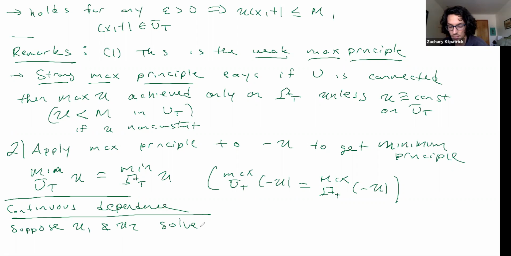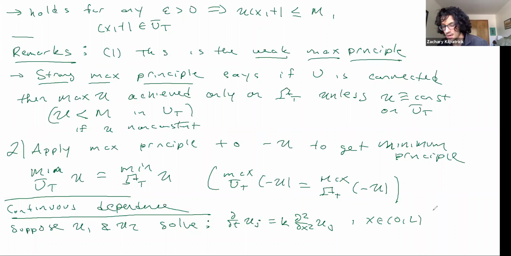And I'm going to write out the heat equation on a bounded domain, in this case a one-dimensional bounded domain. Okay, so ∂/∂t of u_j is equal to k ∂²/∂x² of u_j, on x from 0 to L, this would be a bounded 1D domain, t greater than 0.